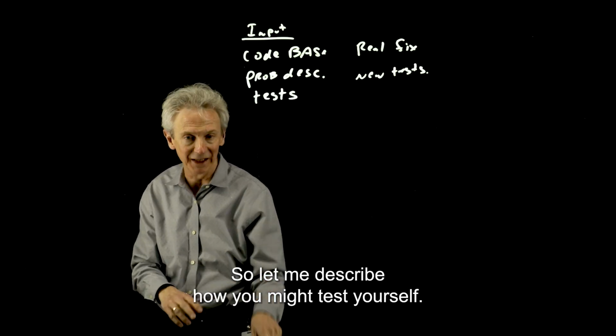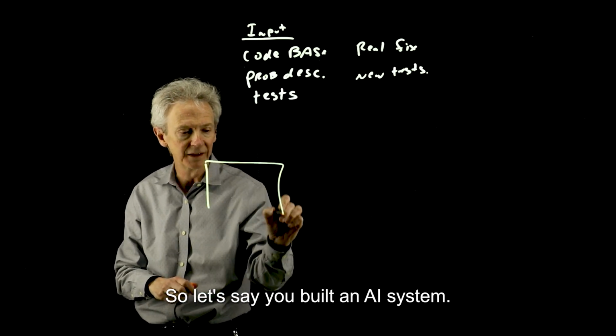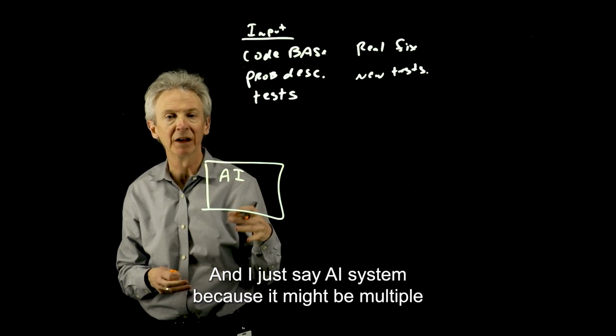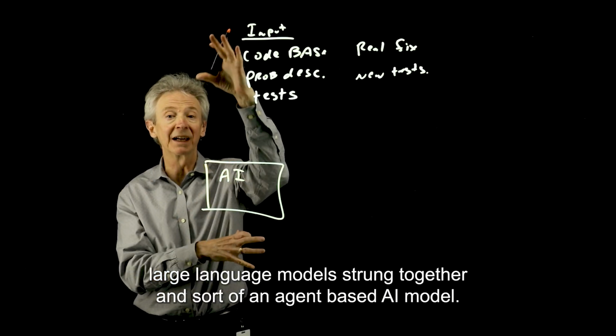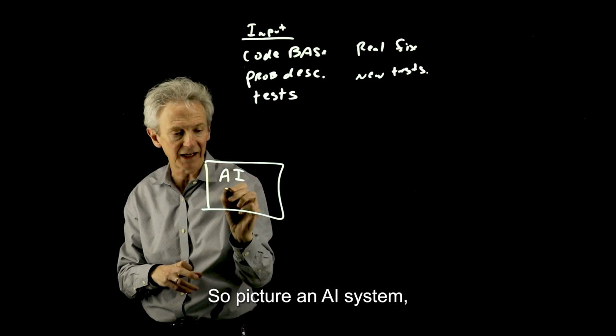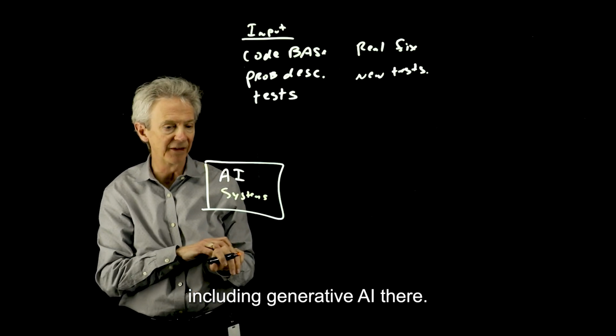So let me describe how you might test yourself. Let's say you built an AI system. And I just say AI system because it might be multiple large language models strung together in sort of an agent-based AI model. So picture an AI system, including generative AI there.